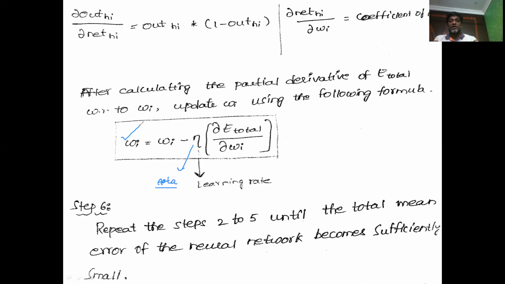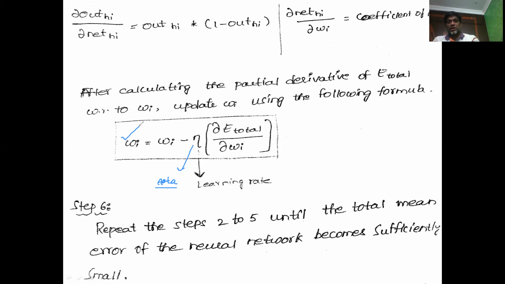What you need to understand here is the calculation of this ∂E_total/∂Wi is not the same for the output neurons as well as hidden neurons. For output neurons, it is a bit easy compared to hidden neurons, where for a hidden neuron ∂E_total/∂Wi is calculated with every error term associated with the output neurons. That means ∂E_O1/∂Wi plus so on.